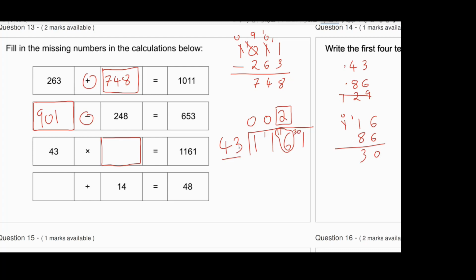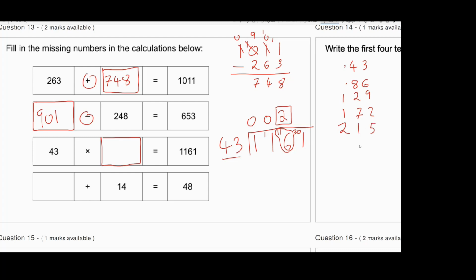So I need to see, right, 43 into 301. So I'm going to have to carry on my tables for a little bit. So 129 plus 43 is going to be 172. Plus 43 again is 215.